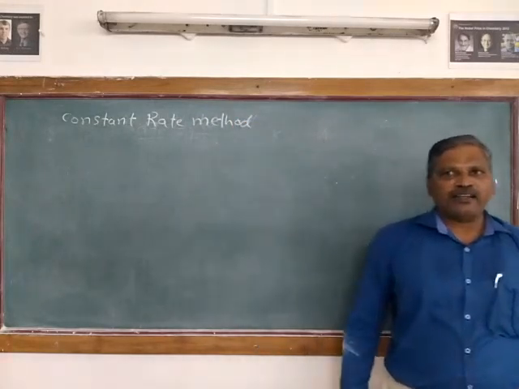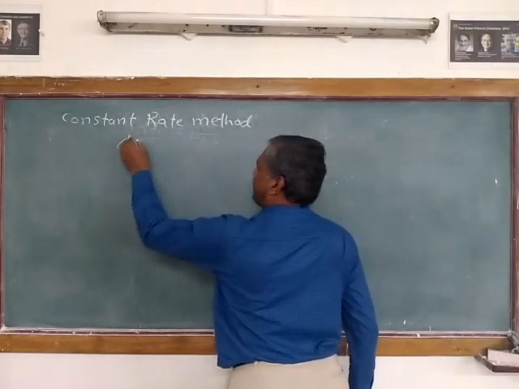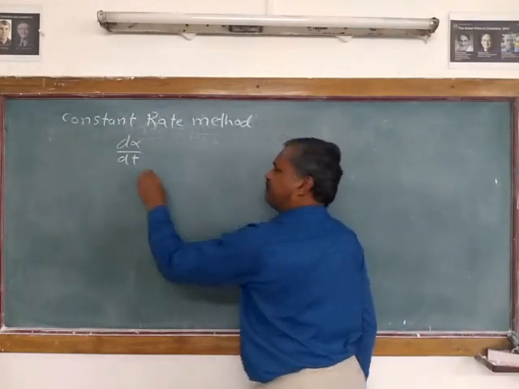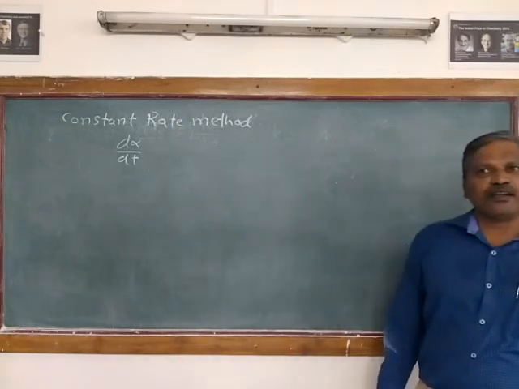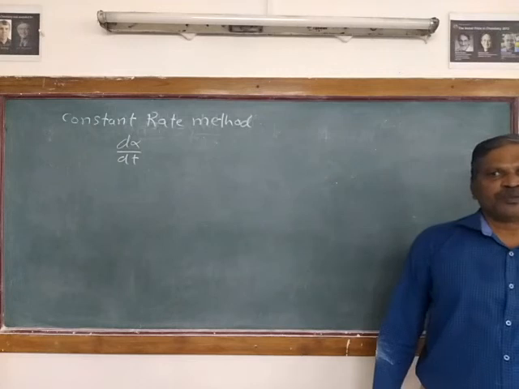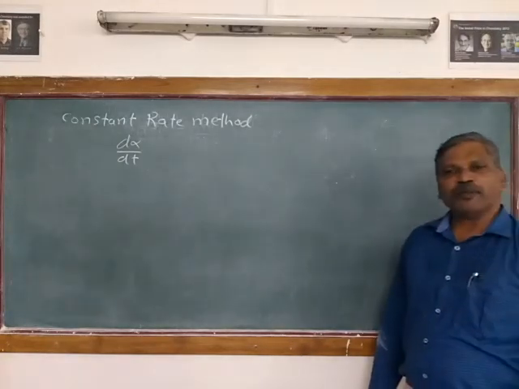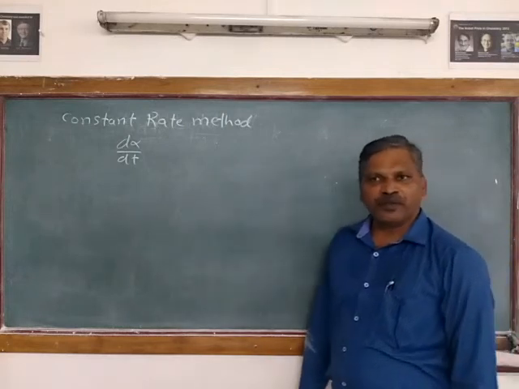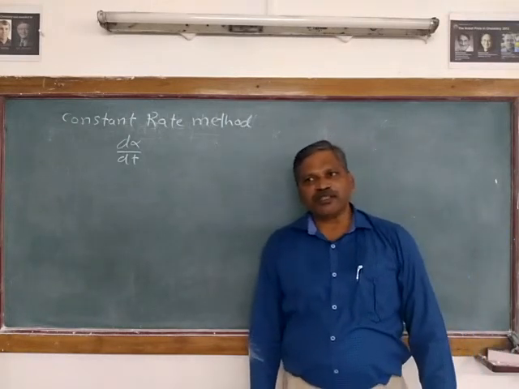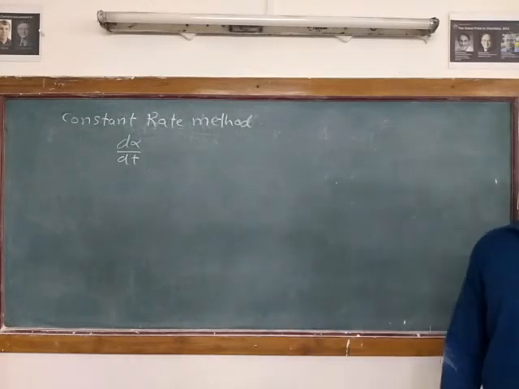If we consider that the rate of reaction, d alpha by dt, is controlled by the temperature, the fraction reacted and the nature of the atmosphere, then control of these parameters could be used to control the rate directly.